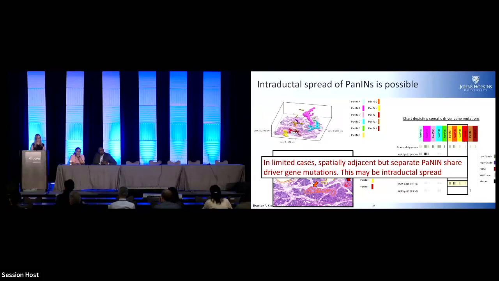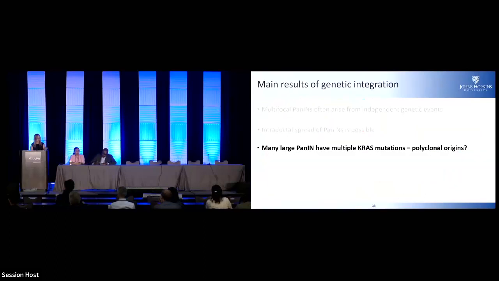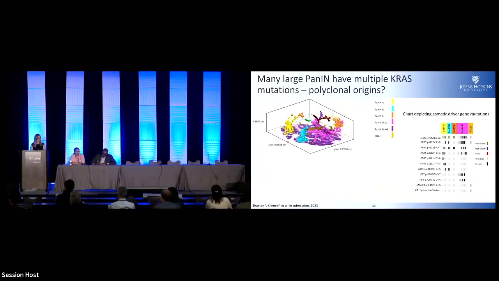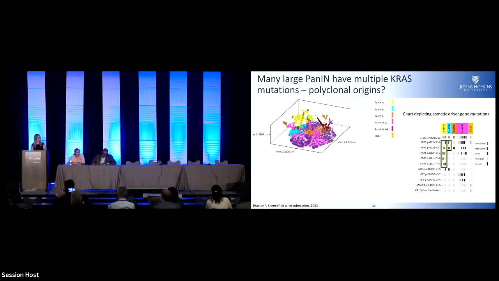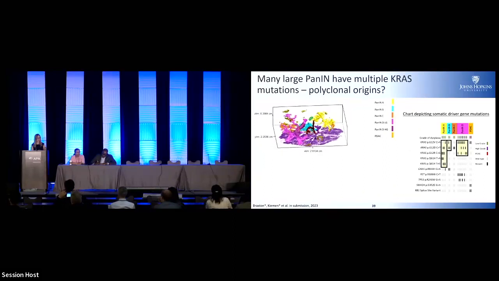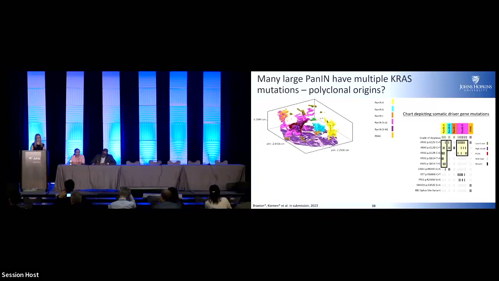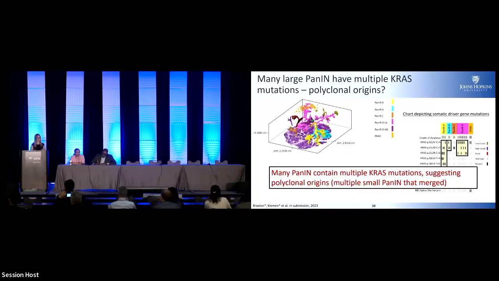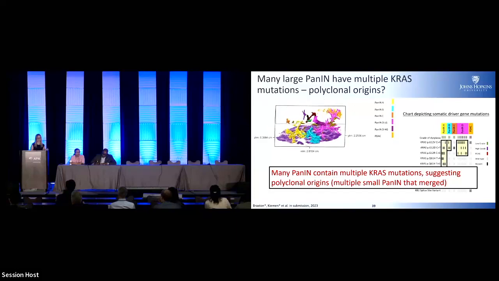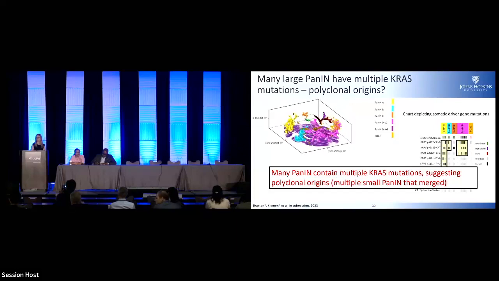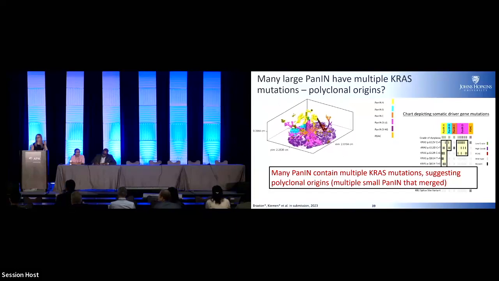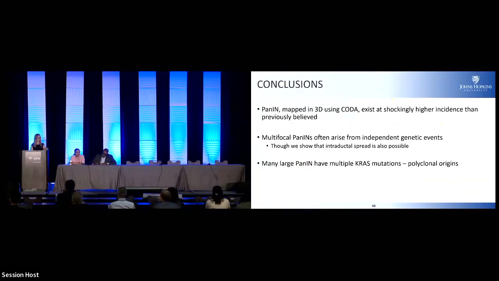So we take this as evidence that some Pannin can seed off individual cells that will move slightly down the ductal system and become a second lesion. Finally, when we looked at the biggest Pannin in these samples, we found many cases of the same Pannin containing multiple mutations. So the hypothesis we have is that because Pannin exist in this enclosed ductal system, multiple Pannin can develop and fuse to become these giant lesions.